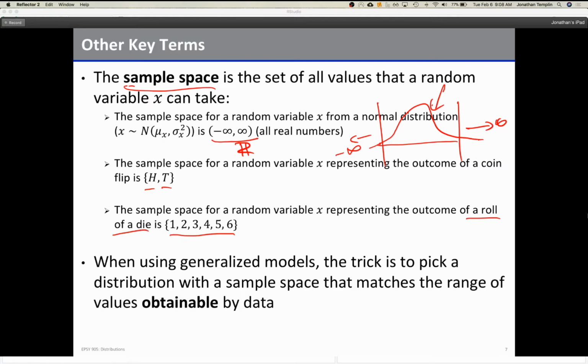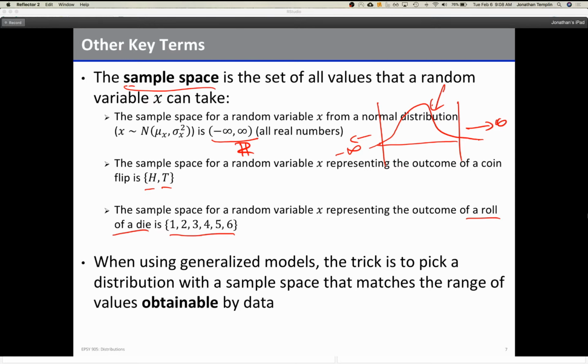So the key, and why we're talking about sample space, is that eventually when you start to think about the different types of models that exist for your data, you have to pick a sample space that matches the range of values obtainable by the data themselves. And so this is sort of the key. The dance is, how do I figure out which distribution to use for my data? I know perhaps conditional normality may not hold.